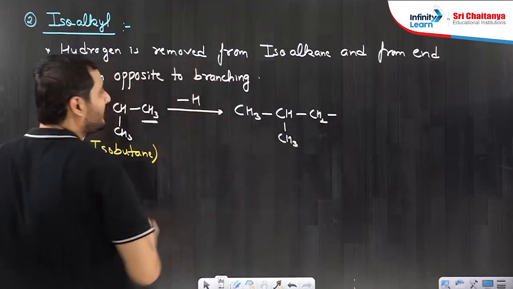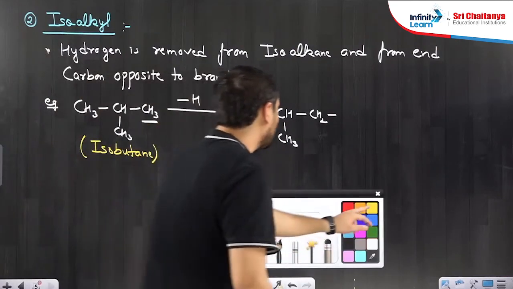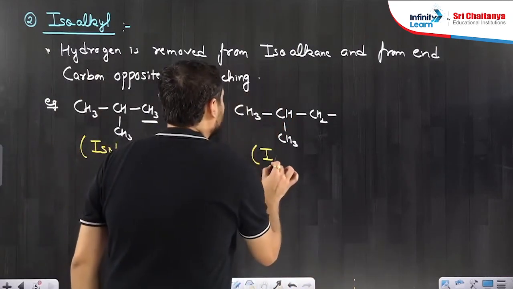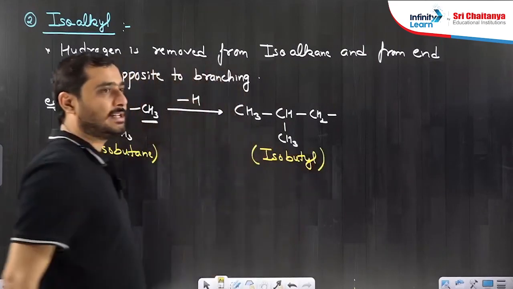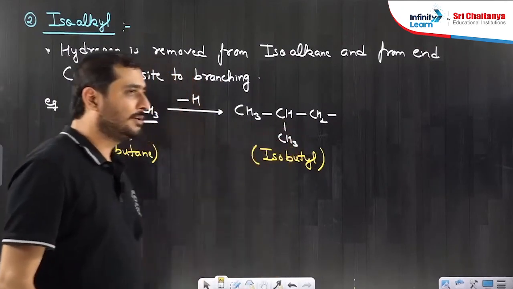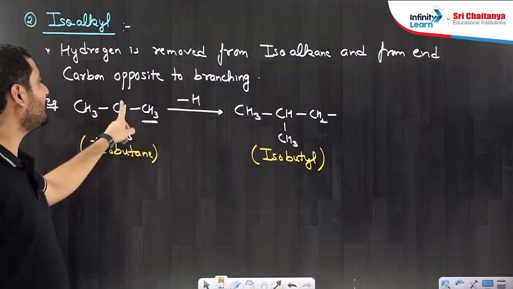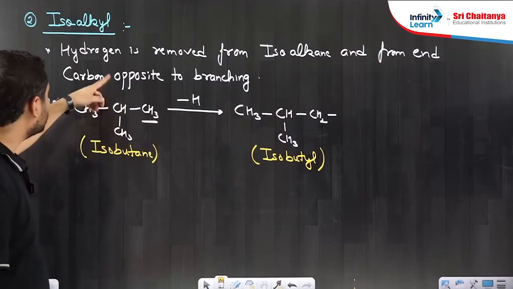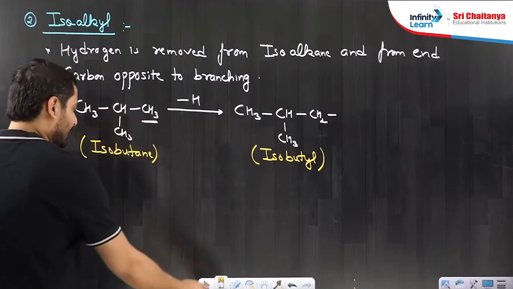From here we have removed one hydrogen, so one valency will be vacant. Now this group is called which group? Isobutyl group. So how is isobutyl formed? Hydrogen is removed from isobutane and from the end carbon opposite to branching. We have not removed hydrogen from the middle carbon. It is from the end carbon opposite to branching.